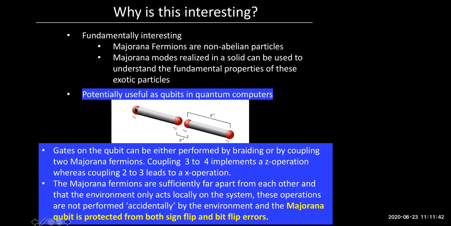Let's say you've trapped Majorana fermions at the ends of these nanowires. Then you can construct a model where you can ask the question, what happens when you exchange either these two or these two and so on, and exchanging these Majorana modes can actually give you gates.